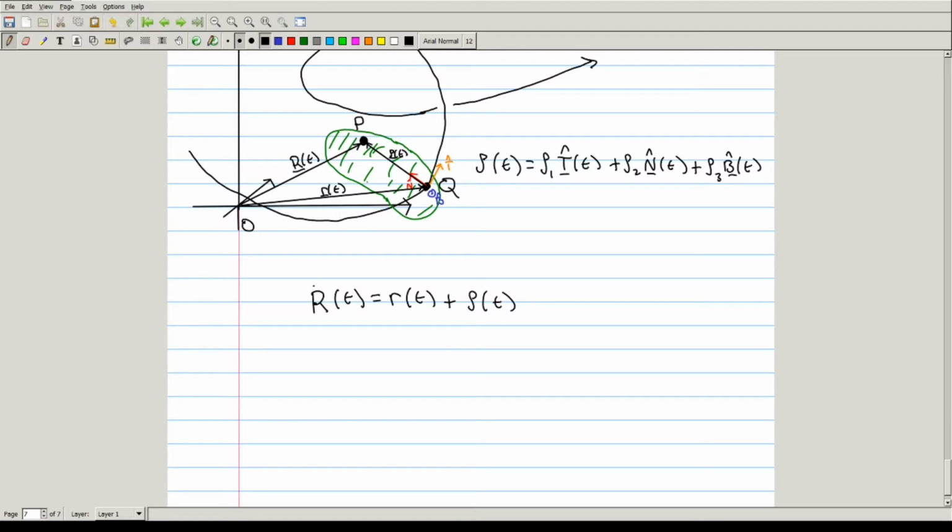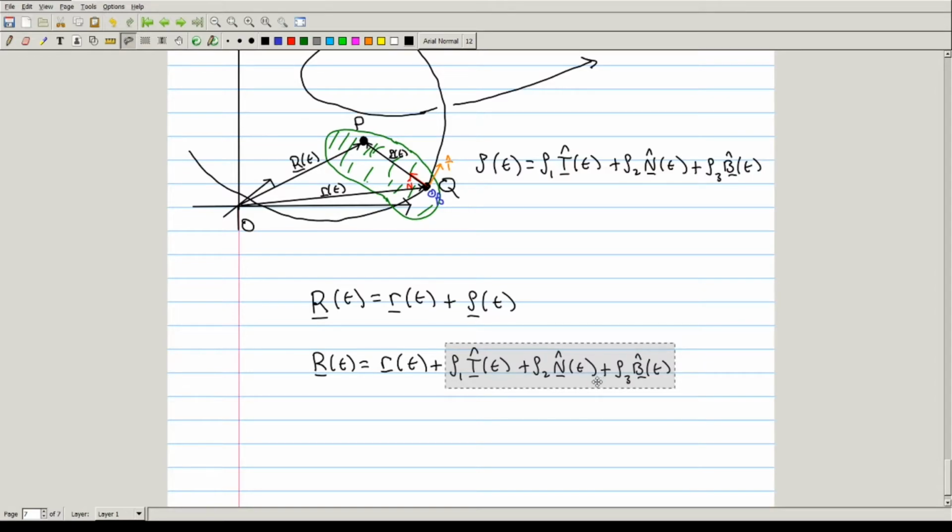So what that means then is that this vector capital R of t is equal to lowercase r of t plus this summation right here: rho 1 T of t plus rho 2 N of t plus rho 3 B of t.